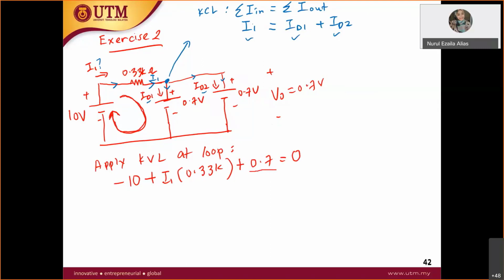Now, can you find current I1 from here? I cannot see all of you, whether you're doing it or not, but I hope you're doing it.